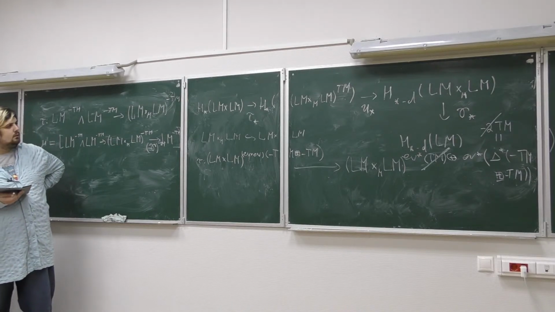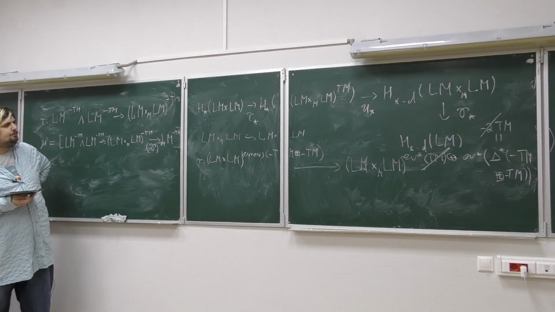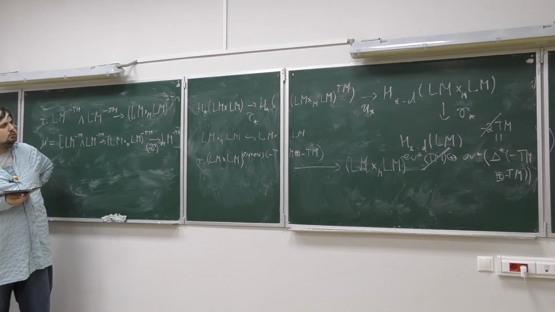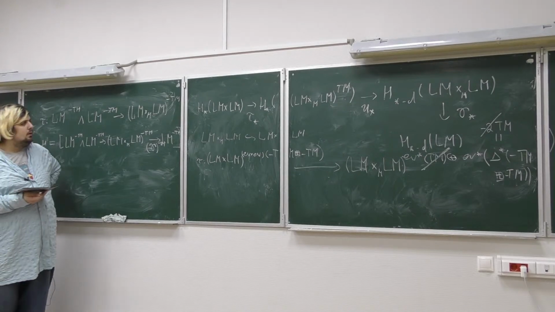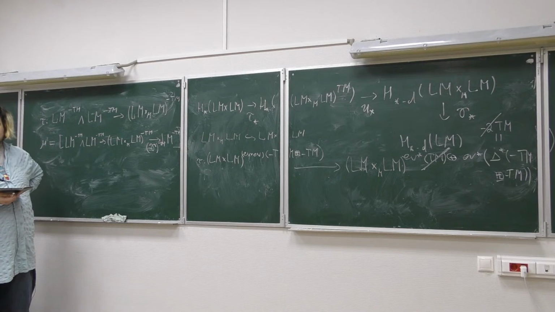Well, up here on the top line, this kind of stuff involving a Thom spectrum only appears in the middle term, but the source and target are pure Lm things. What is the relation between homology of Lm and of Lm to the power minus Tm? But by Thom isomorphism.